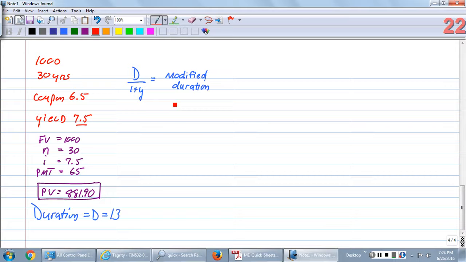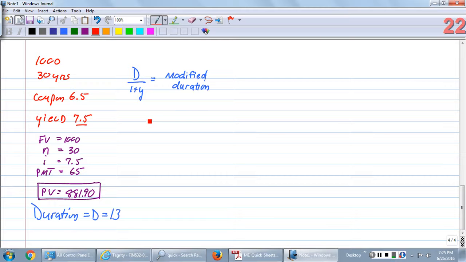If we want to estimate how much a bond is going to change in value when interest rates change, we can use modified duration. We already know if interest rates go down, value is going to go up. Interest rates go up, value is going to go down. But how much will it go up, or how much will it go down? That's what modified duration is going to help us understand.